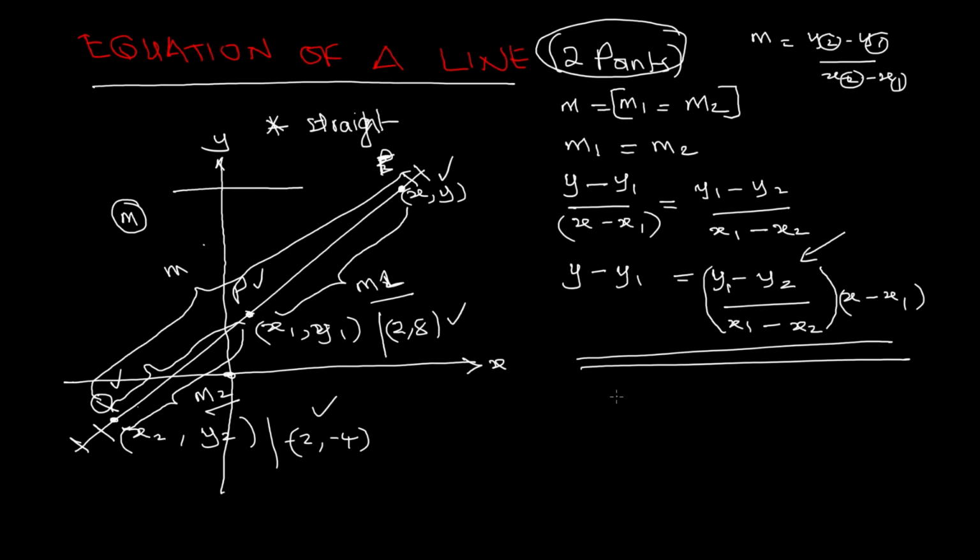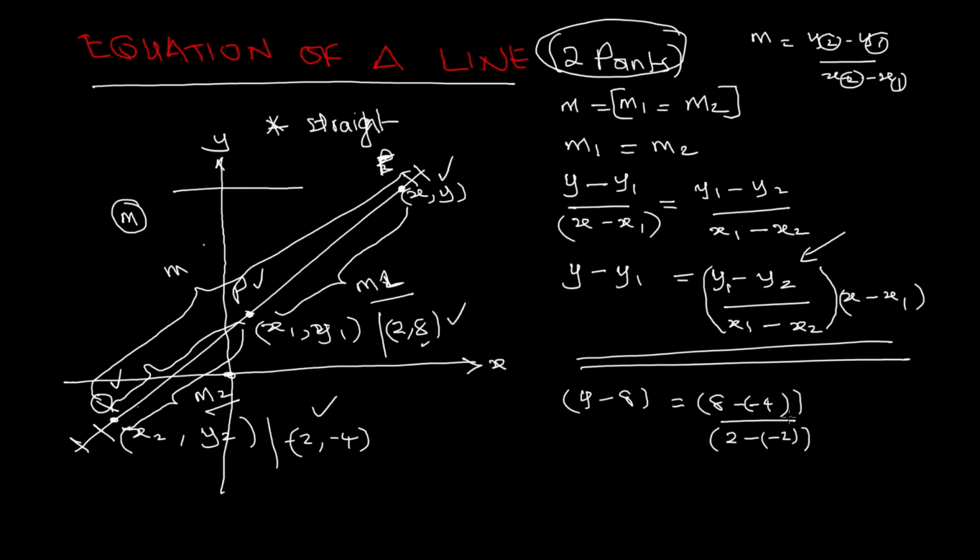So we are going to get y minus y1, which is 8, equal to our y1, which is 8, minus our y2, which is -4, so we say -4 here, over our x1, which is 2, minus our x2, which is -2.